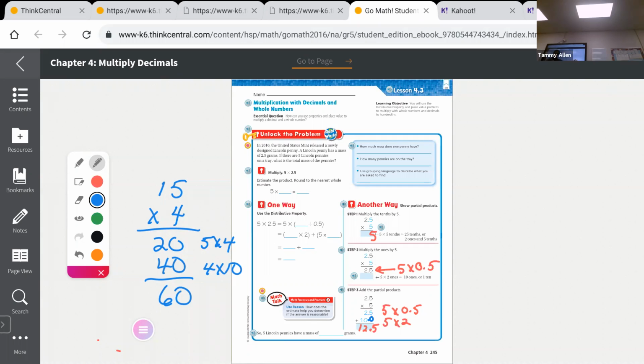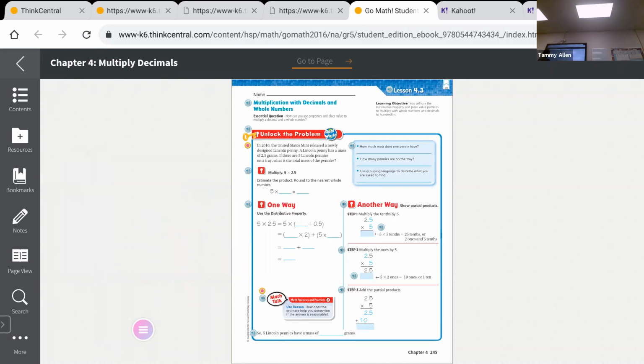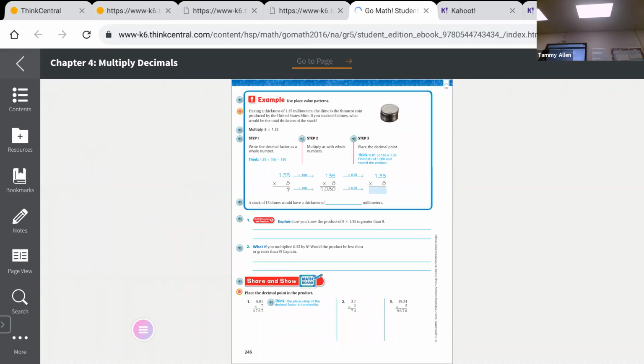Remember the picture we had over here gave us 2 and 5/10? 2 whole boxes plus half of another one. Okay? So that's a second way we can do it. Thank you.